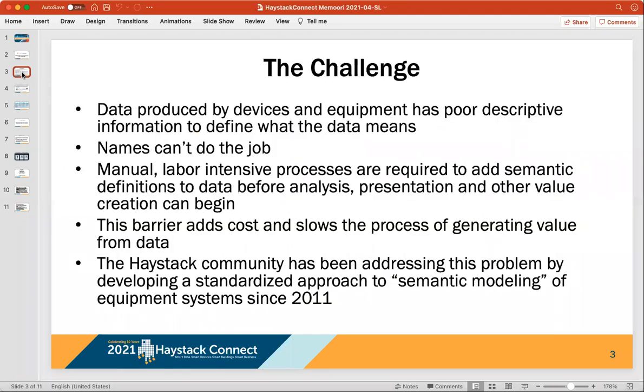The data that's produced by the huge volume of devices and equipment that populate our built environment doesn't have good descriptive information to describe what the data means. So within a single silo system, the people who built it or installed it know what the data means, but you want to take that data across into other applications, use it for different purposes, and you're left with a challenge because names can't do the job. I think this is a great way to try to help bring the concept out.